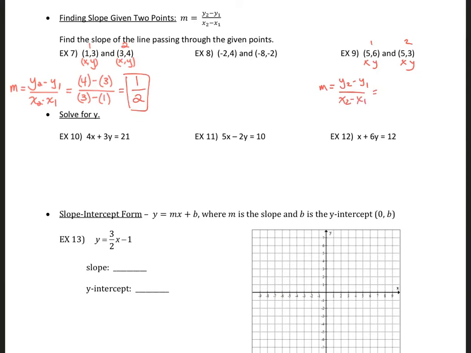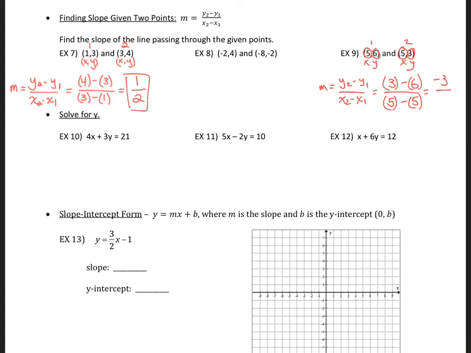Y sub 2 is 3. Y sub 1 is 6. So 3 minus 6. X sub 2 here is 5. And x sub 1 is 5. So in the numerator, I've got -3.